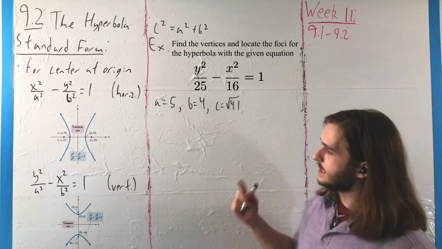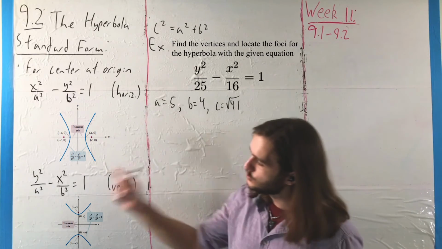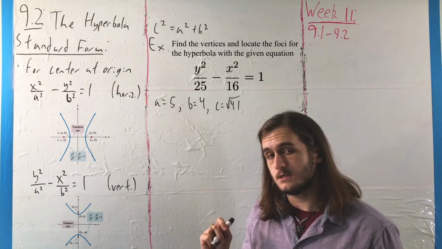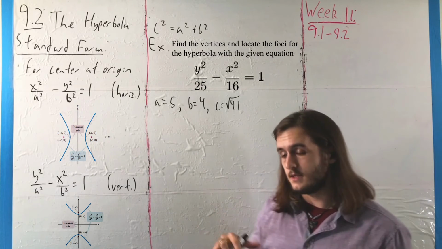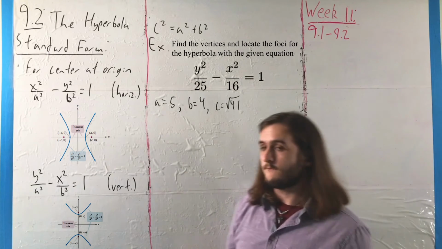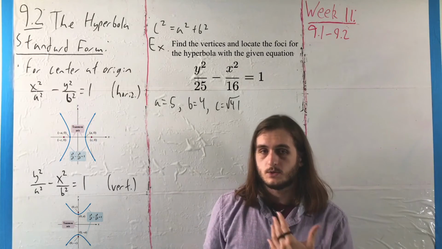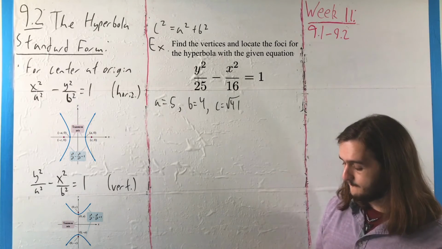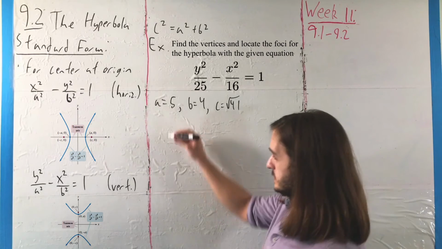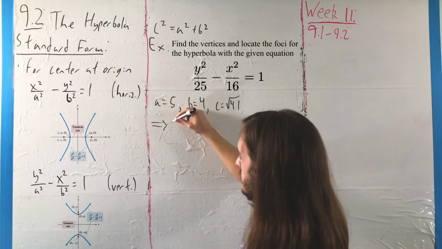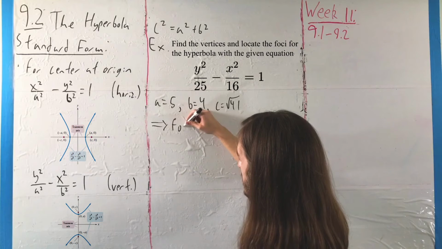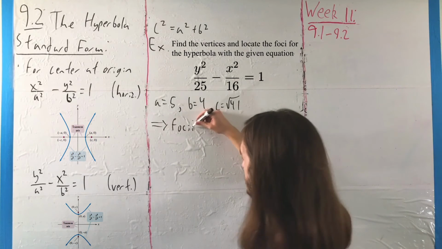But because we are attaching that value a to y first in this case, we have the flipped over vertical arrangement instead. That is, our foci are going to be positioned in terms of vertical movement.